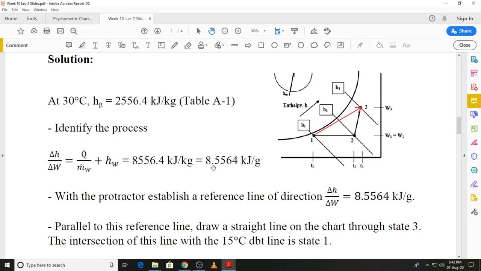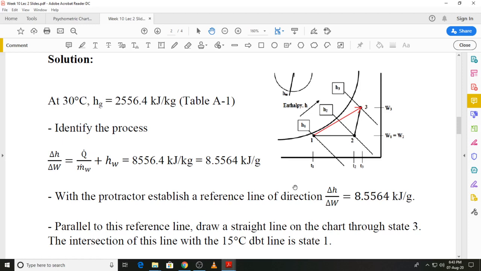So the first thing that we can now do is, we know that this value delta H by delta W is shown on the protractor, that is the scale on the outer side corresponds to delta H by delta W, and we can establish this reference line on the protractor, and the same direction will also be there when we move to the psychrometric chart.